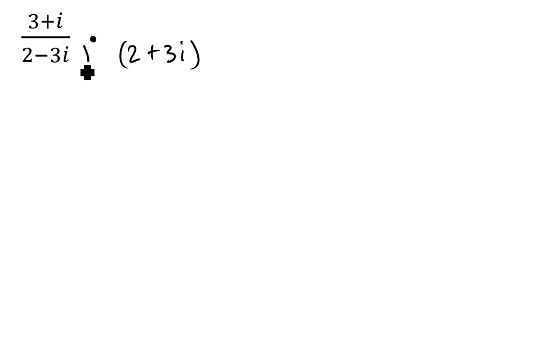So this denominator has a complex conjugate of 2 plus 3i. Now in the numerator, I'm also going to multiply by 2 plus 3i. The reason why I do that is this is going to get rid of all the imaginary parts in my denominator, and it's going to change the imaginary parts in my numerator.